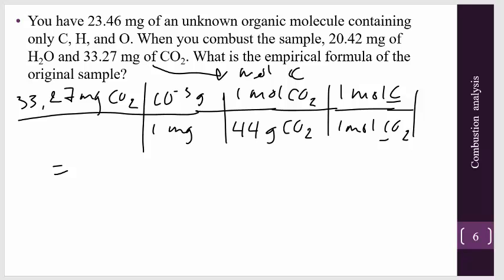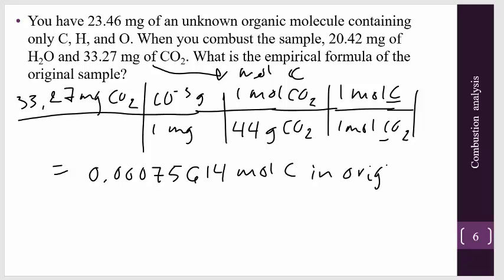This then gives us a number of moles of carbon. This is the moles of carbon in the original, back in the product now, or sorry, back in the reactant.